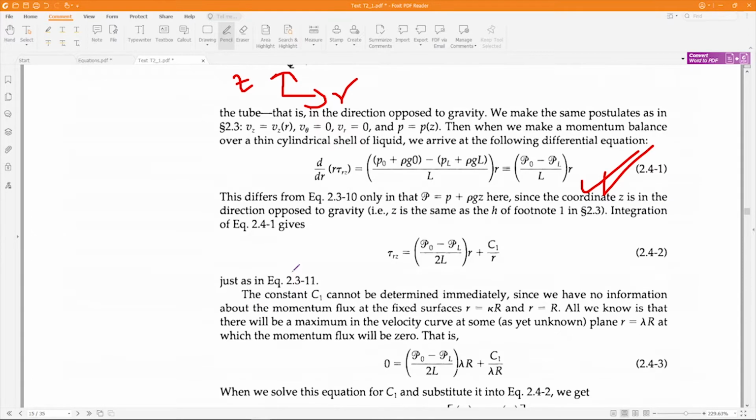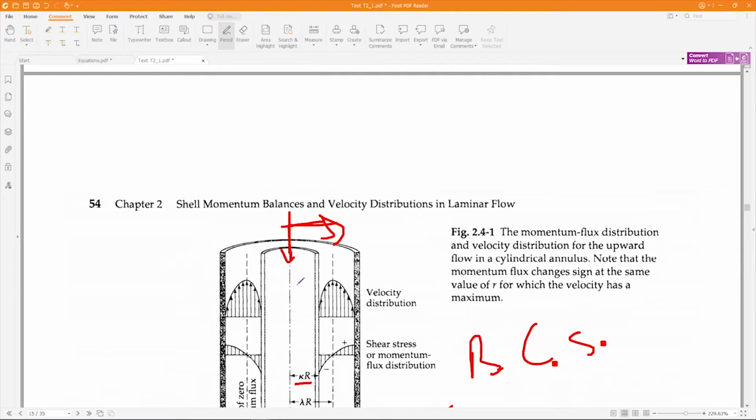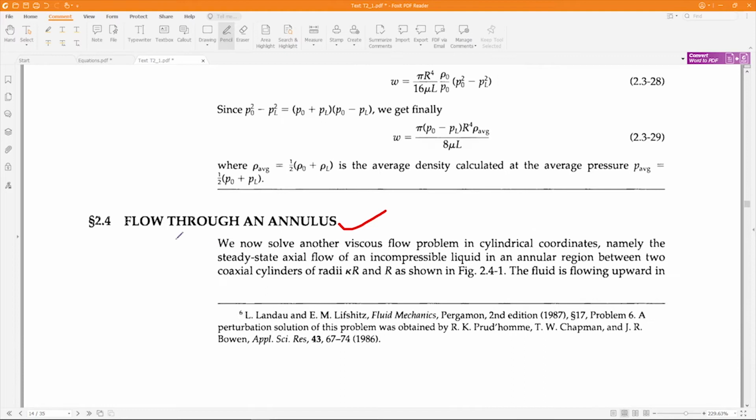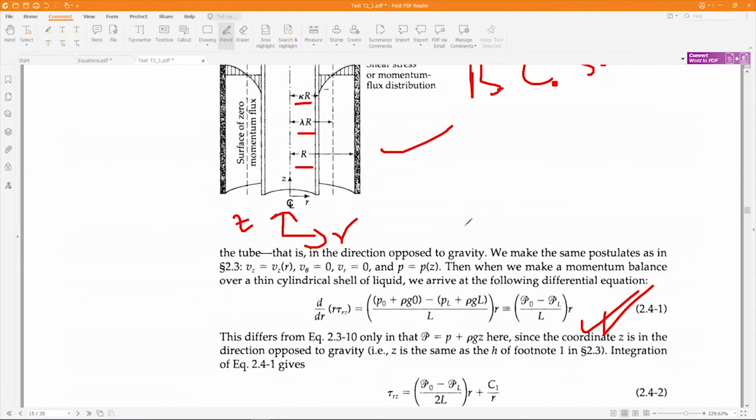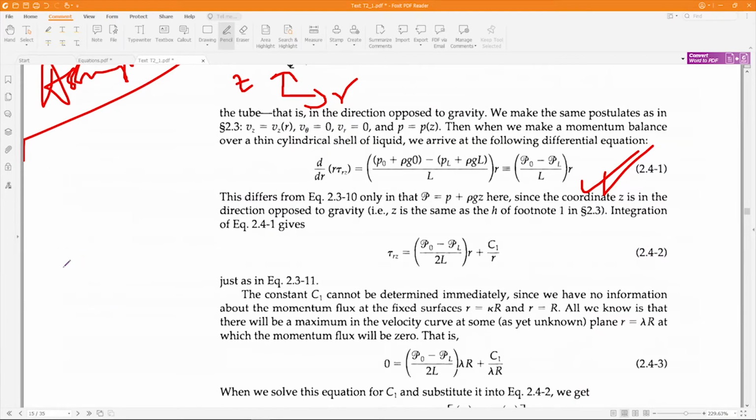I will give you this problem as homework. You have to solve this flow through annulus problem using the equation of motion, following all the steps. How to solve it? I already told you. You have to write all the assumptions. Then decide in which direction there will be velocity and in which direction it will be zero.